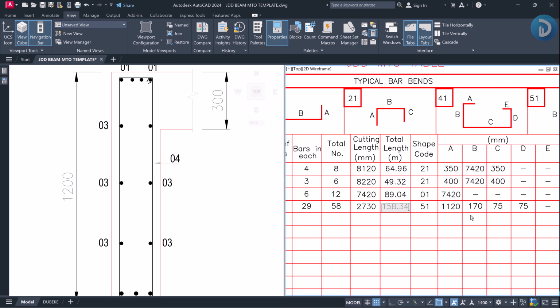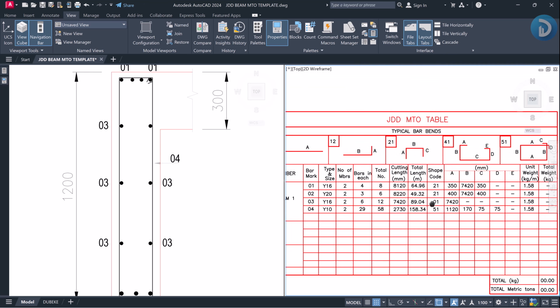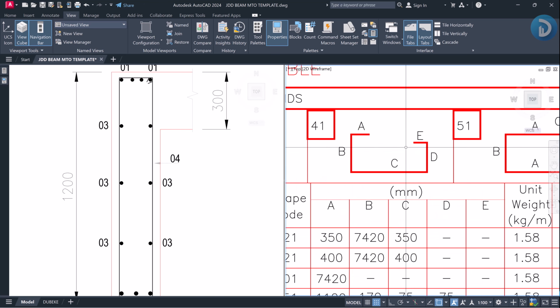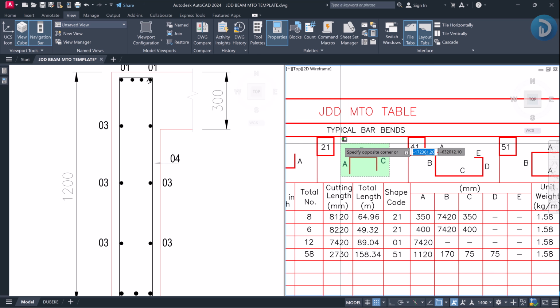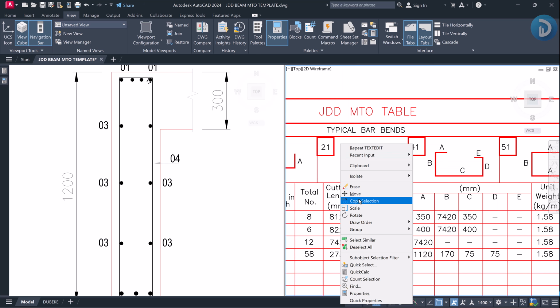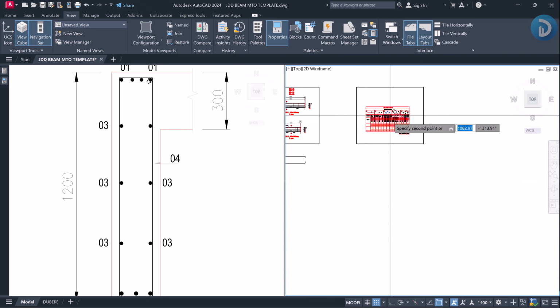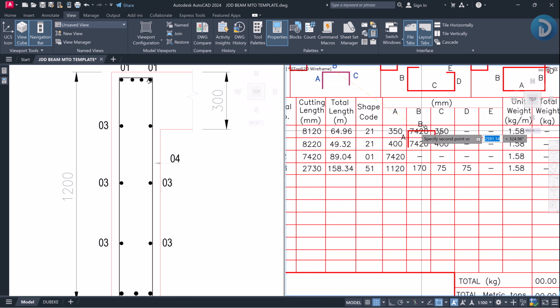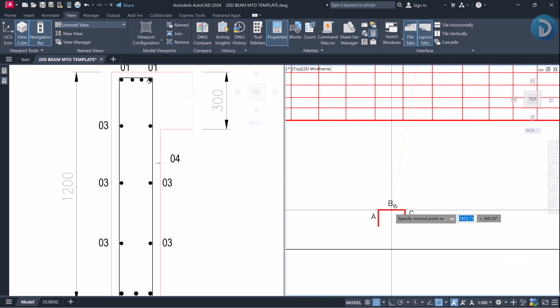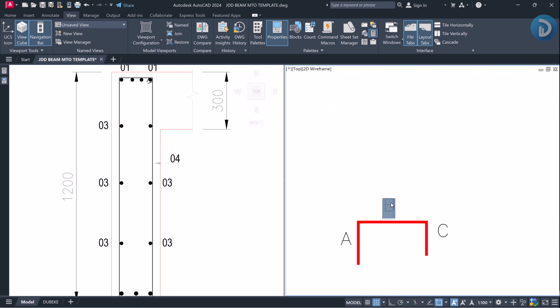Now there's another line of thought that prefers, let's say we are making use of this reinforcement, this is our shape code number 21. You can create a part of the table against using A, B, C, and D, so you can choose to edit this to their respective lengths.